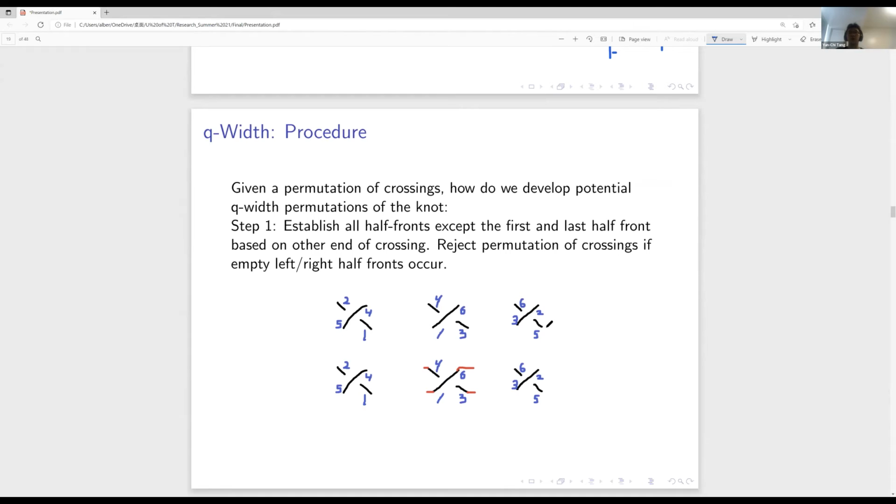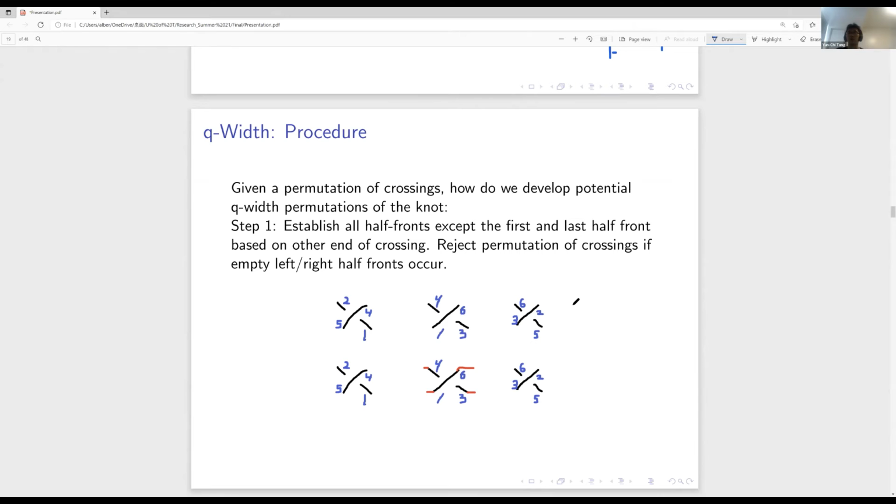So I'm going to go through how, given a permutation of crossings, we develop potential quick width permutations, and we'll have to check it through for all permutations of crossings, which I will obviously, for time reasons, not do. So let's look at this permutation of the crossings.